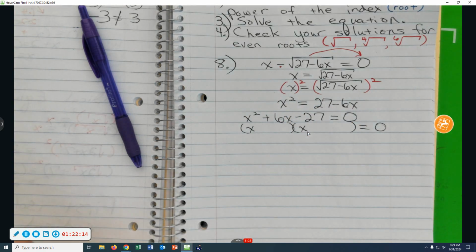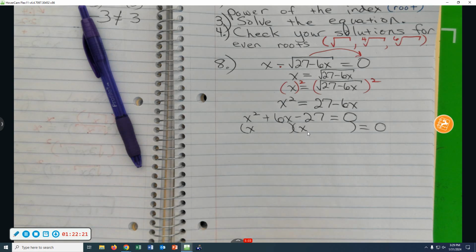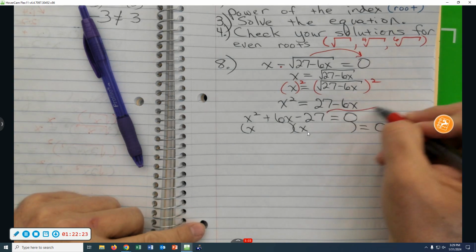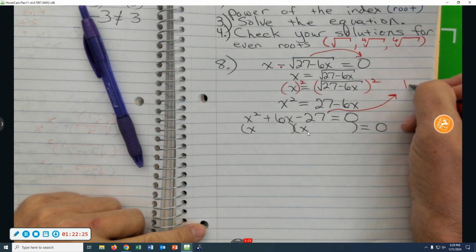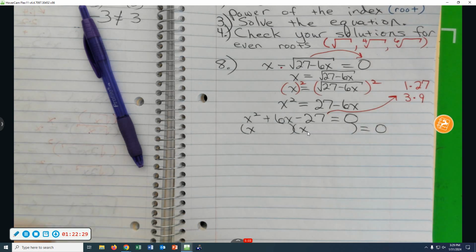X squared, that's just an x and an x. What do we know about the signs? The second sign's a minus, so we're going to have different signs. Now for 27, we have 1 times 27 or 3 times 9. For a simple trinomial, it's simple to choose the pair.